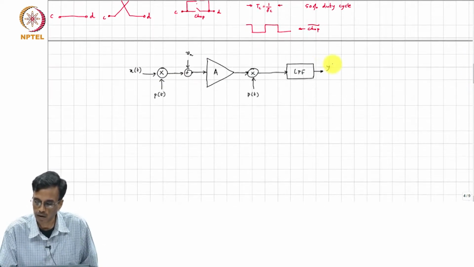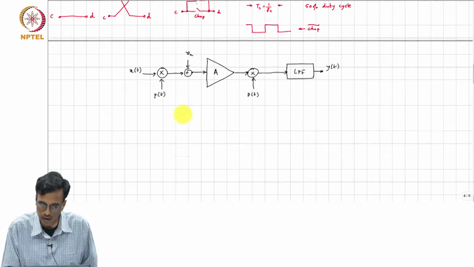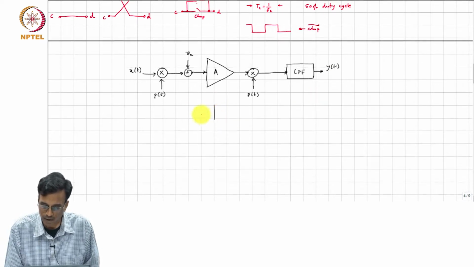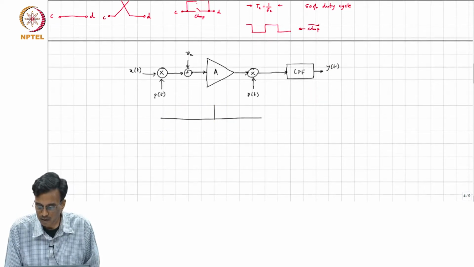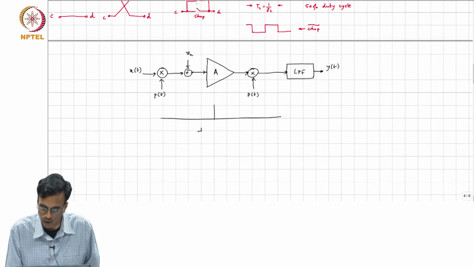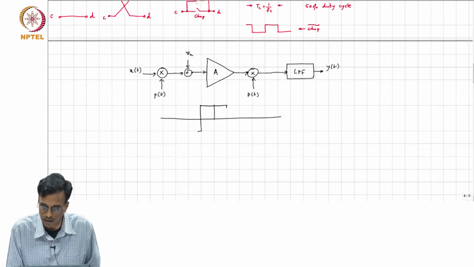And this is y. And how does P of t look? Well, it is a square wave with 50% duty cycle and it goes between 1 and minus 1.